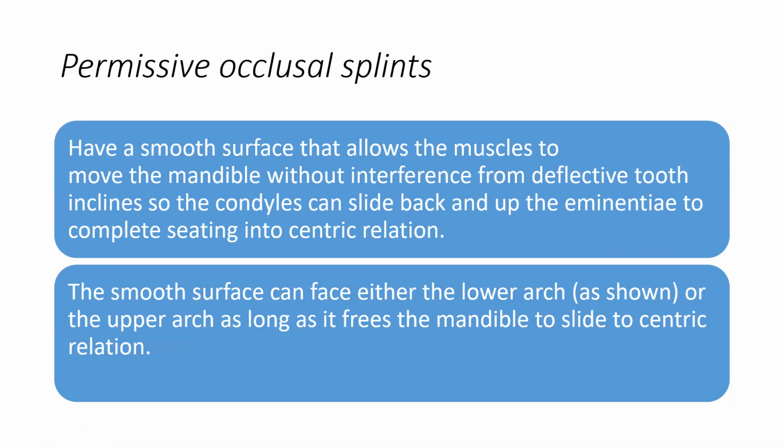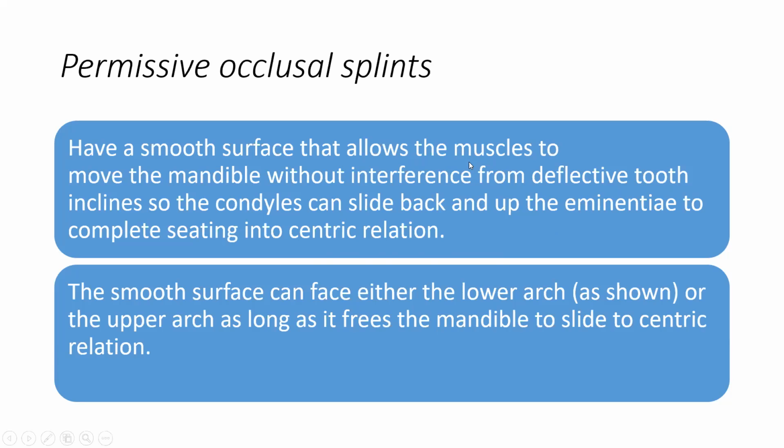Now there is another type of splint, that is the permissive splint. This permissive type of occlusal splint has a smooth surface that allows the muscles to move the mandible without interference from the defective tooth contacts, so that the condyle can slide back and forth up to the articular eminence, and so that it can help to completely sit into the centric relation.